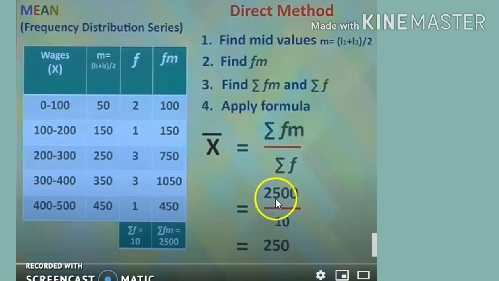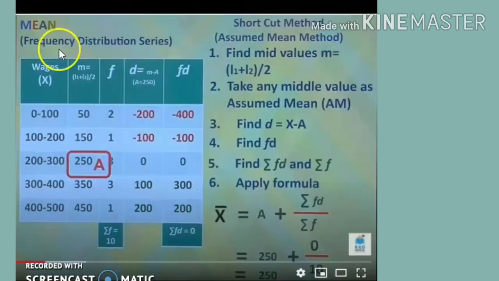Then 2500 is the answer found, that is the fm, divided by 10, which is sigma f. Then you will be getting 250 as the answer. So it's the solution for the question using the direct method. So next is the shortcut method, also known as the assumed mean method.